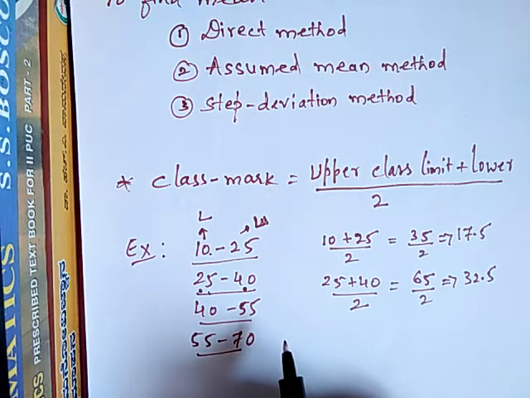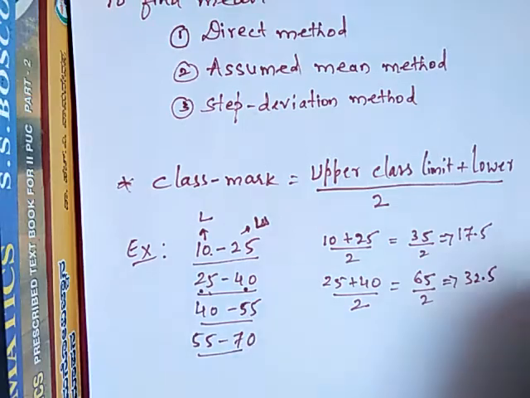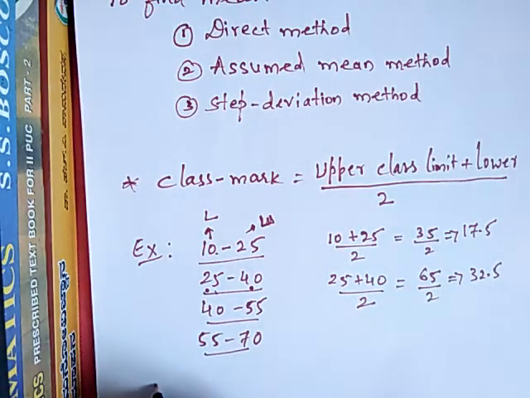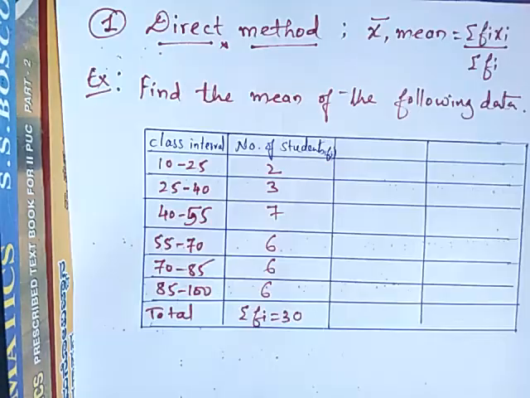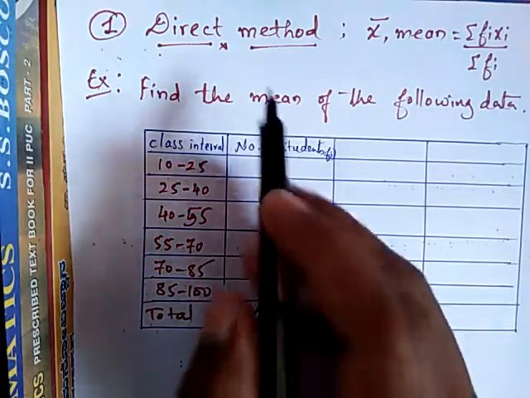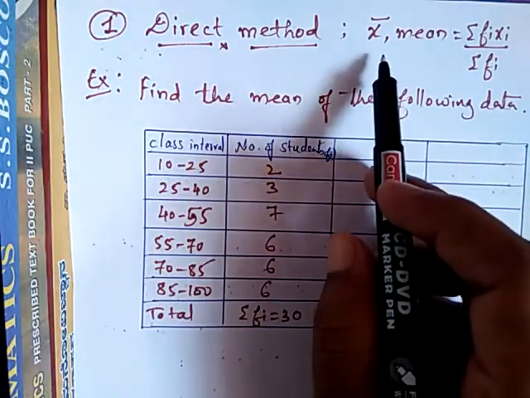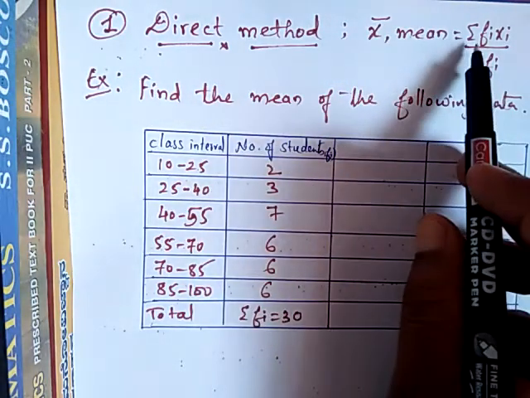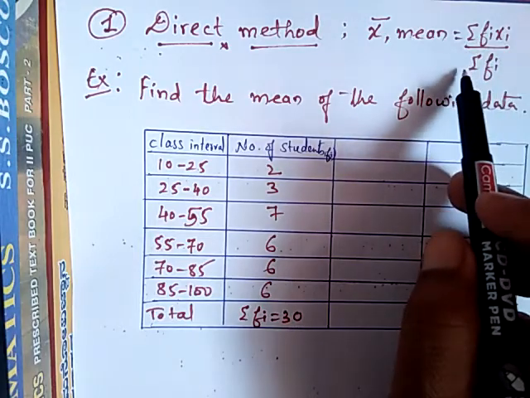Now first we will learn how to find the mean by the direct method. Here the formula is given: mean is equal to summation fi xi divided by summation fi.